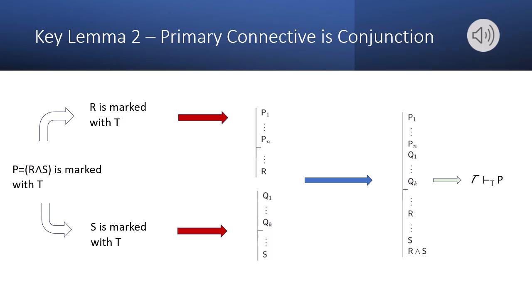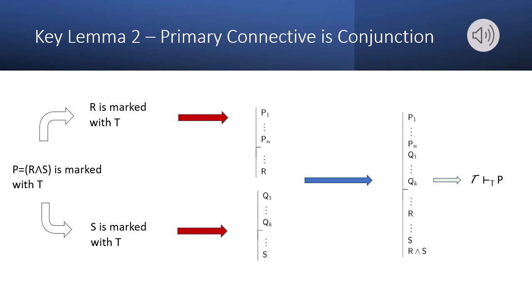Now, notice that R and S, because we've removed that conjunction, are now sentences that have n or fewer truth functional connectives in them. And so by our inductive hypothesis, there must be a proof of that particular sentence from our premises P1 through Pn.